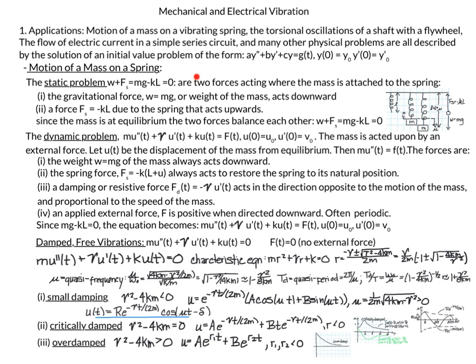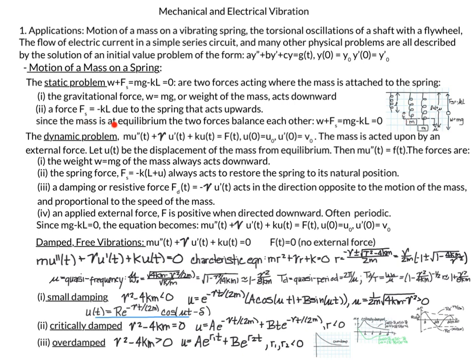So to be in equilibrium, the two forces acting on the mass are equal. The two forces acting are the gravitational force, or the weight of the mass, which is equal to mass times gravity, which is equal to weight, and it acts downwards. Then there's also the spring force, designated with the capital F and the subscript S for spring, which is equal to minus k times L. This k is a spring constant, determined by the nature of the spring, and L is this additional displacement.